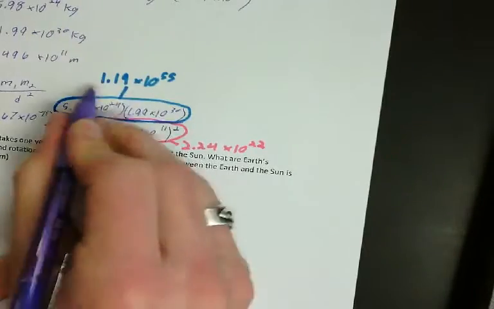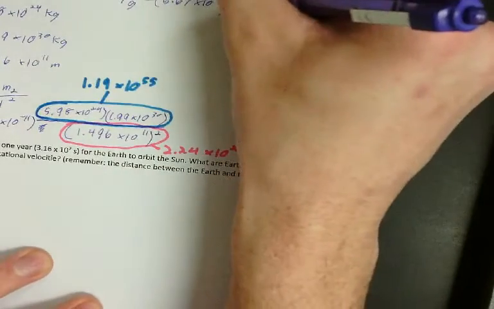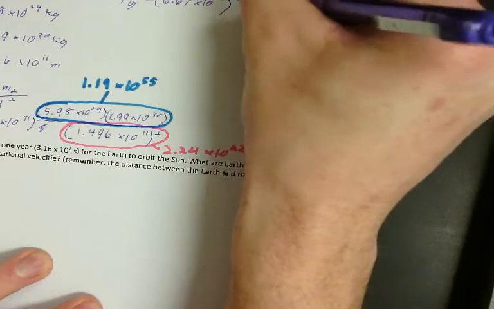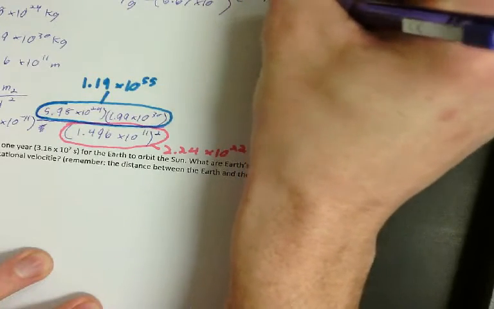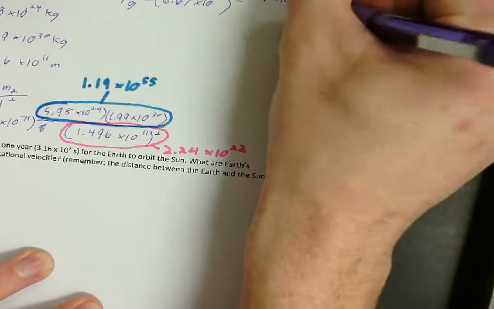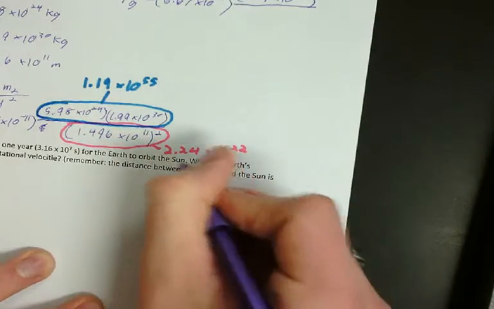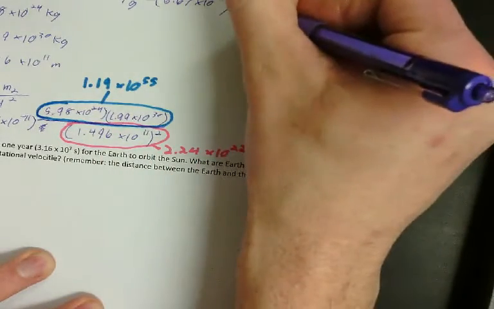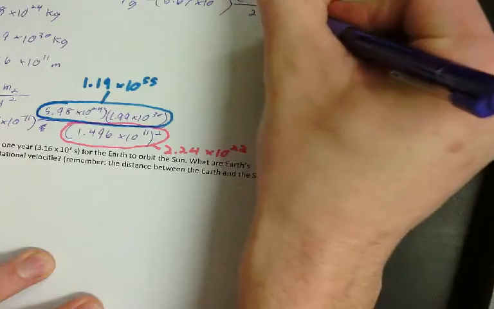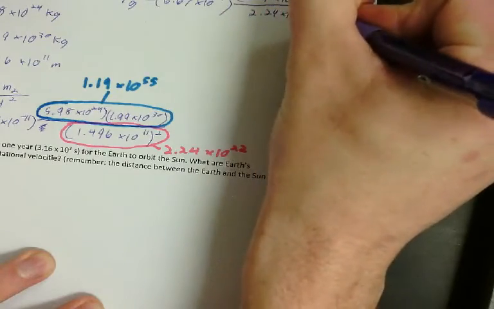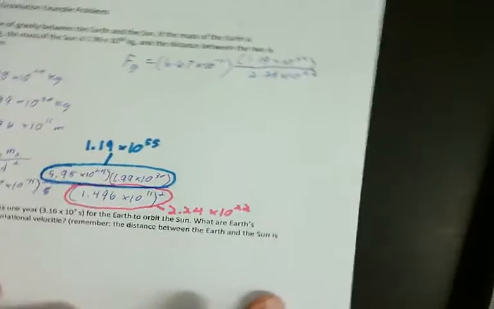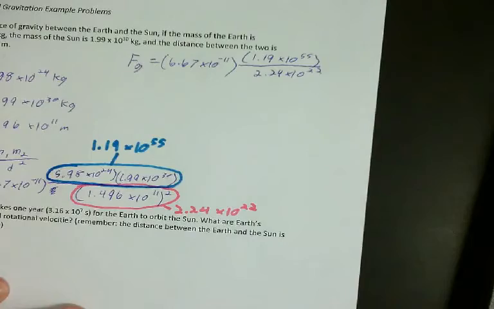The numerator is 1.19 times 10 to the 55th. And the denominator is 2.24 times 10 to the 22nd. So the next thing I'm ready for is to divide the top and the bottom.